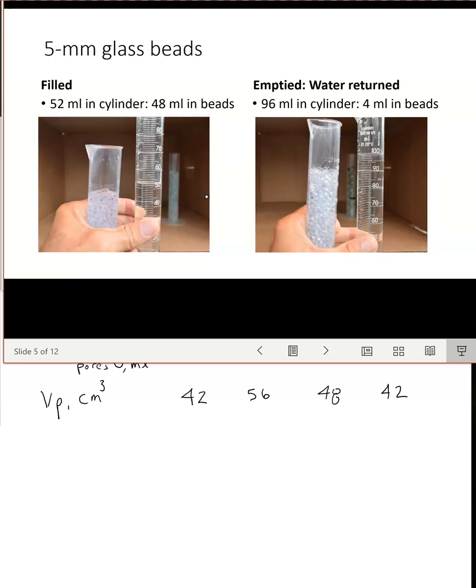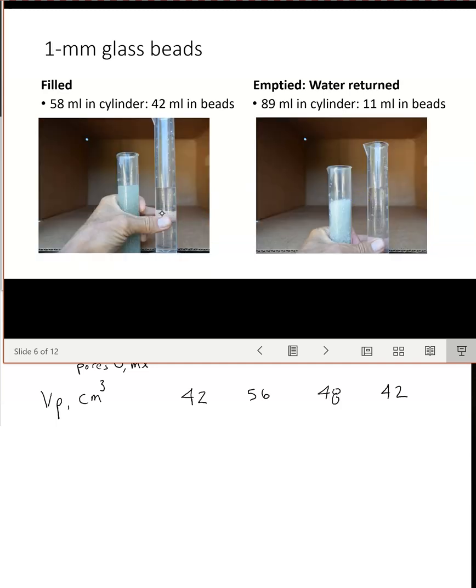With the 5 millimeter glass beads, again, a little bit more stayed in the beads. And when we got to the 1 millimeter glass beads, a fair amount of water actually stayed in the beads. So what we see is the smaller pores held on to more water. So again, this is not about total pore space. Now we're talking about the size of the pores.